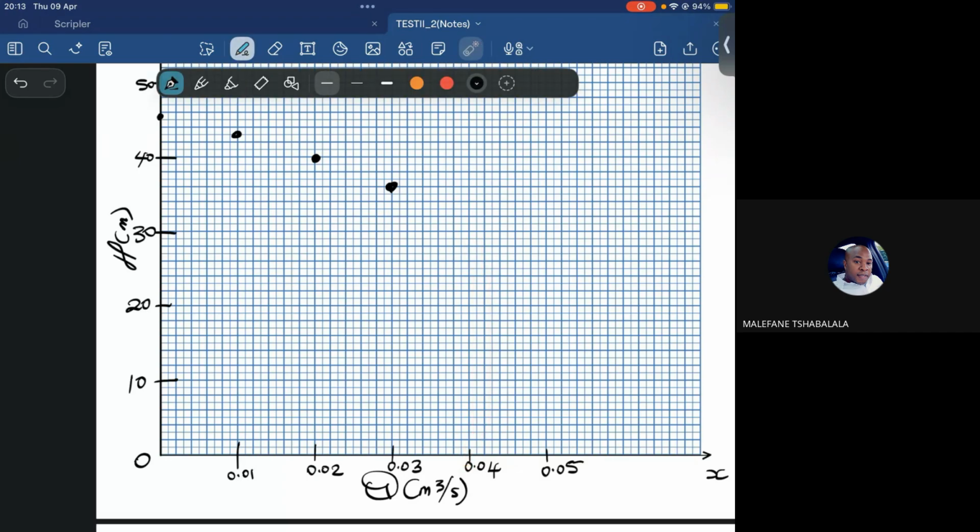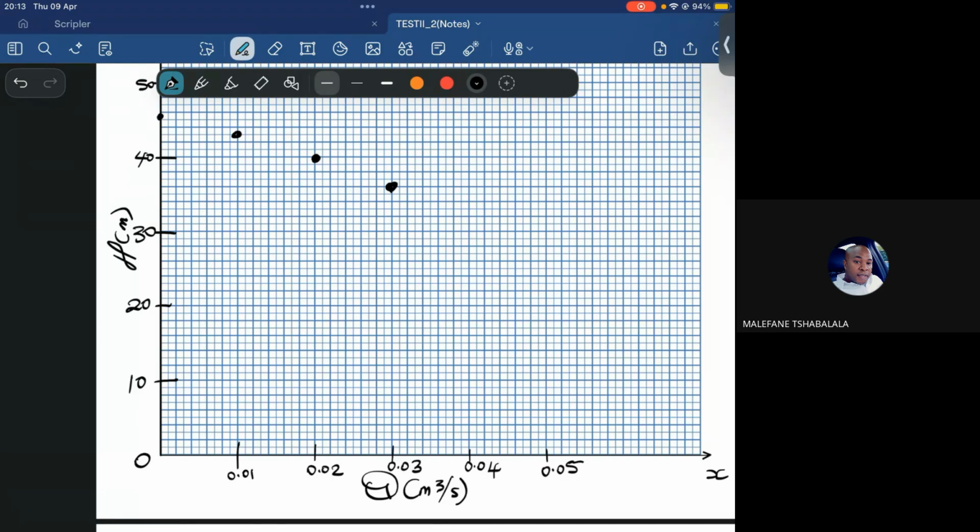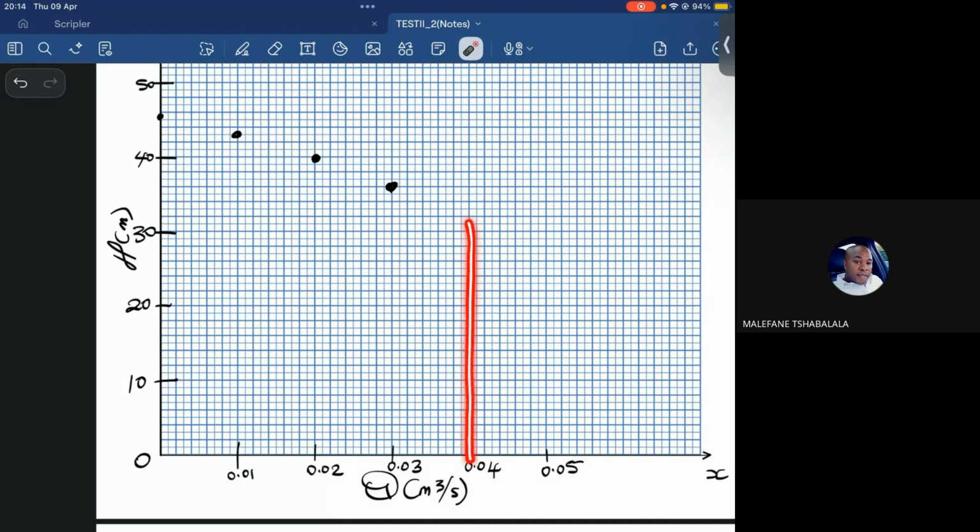So 0.04 is here, and then 31 will be here, because this is 30, then 31, then 32. 0.04 and 31.